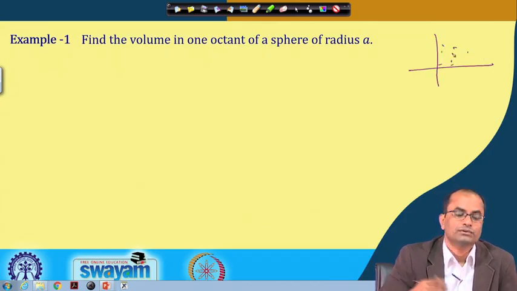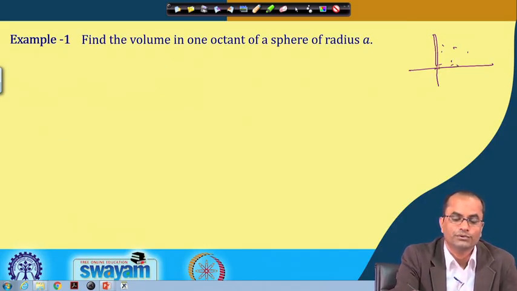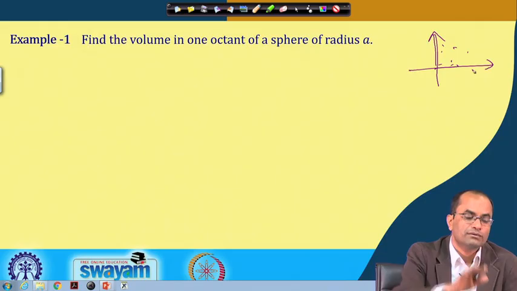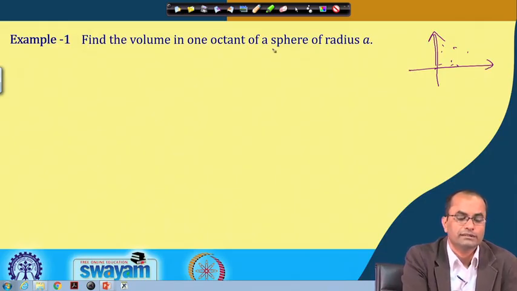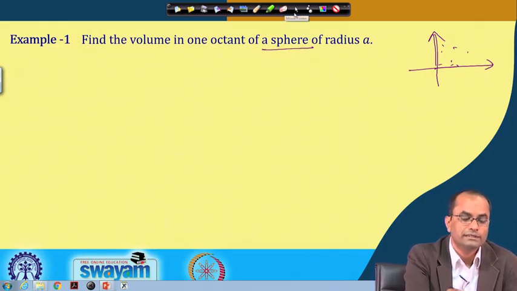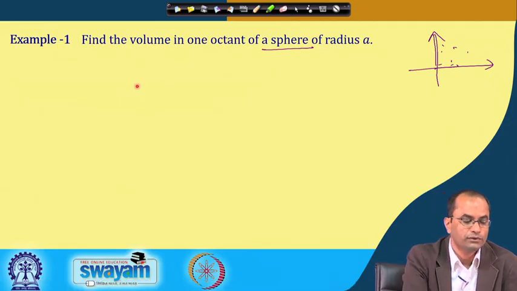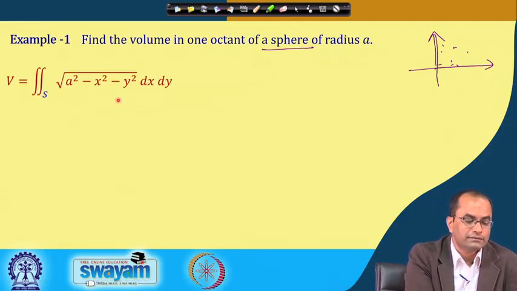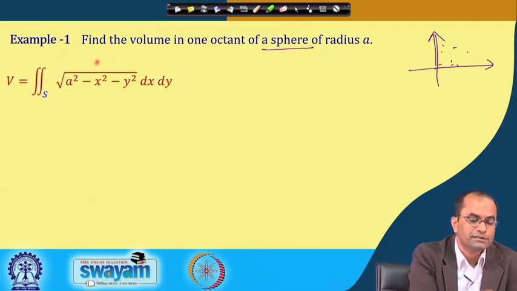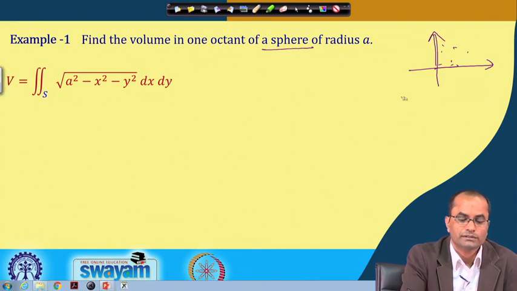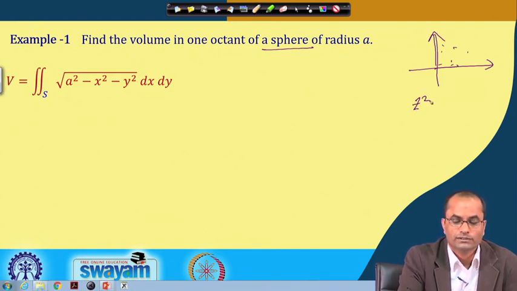octant here. So, the limit we can easily compute for this one, and our surface here is given by the sphere. So, we have the integral in terms of this volume, which is coming from the sphere, because the equation of this sphere was z square plus x square plus y square is equal to a square.